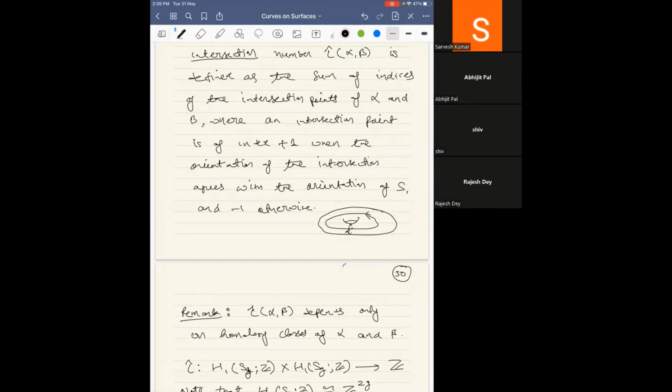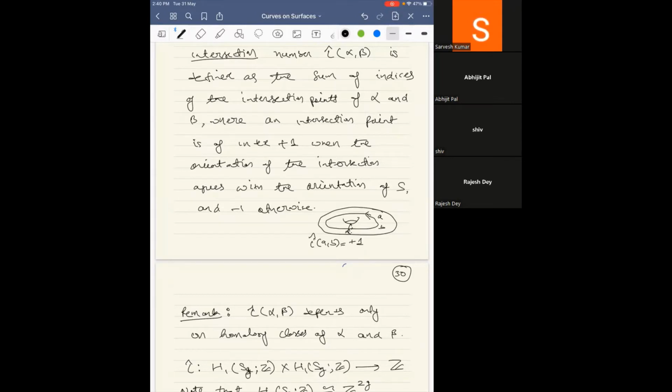Let's say this is A, B. So maybe I can define this to be +1, let's say left to right. So you can just choose any orientation and define this notion of algebraic intersection number.